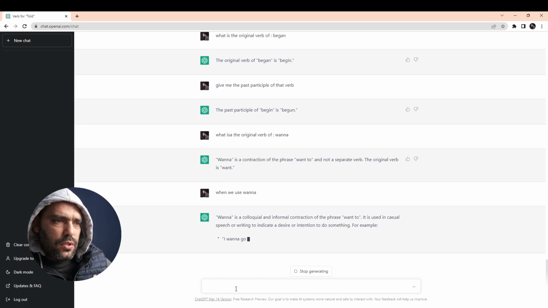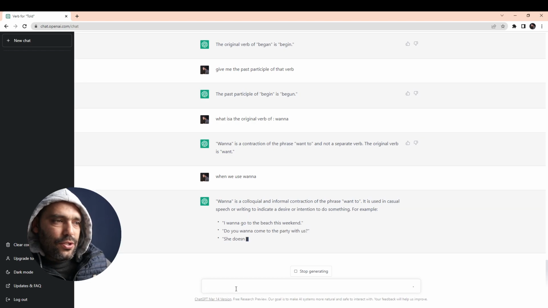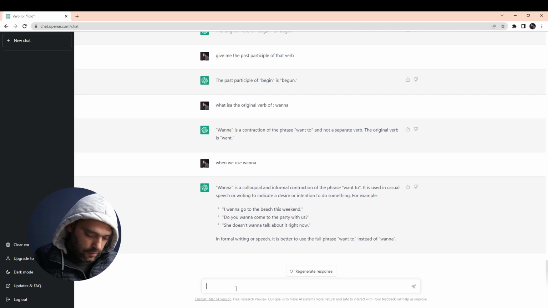It is used in casual speech or writing to indicate a desire or intention to do something. For example, I wanna go to the beach this weekend. Do you wanna come to the party with us? She doesn't want to talk about it right now. In formal writing or speech, it's better to use the full phrase want to instead of wanna. Okay?